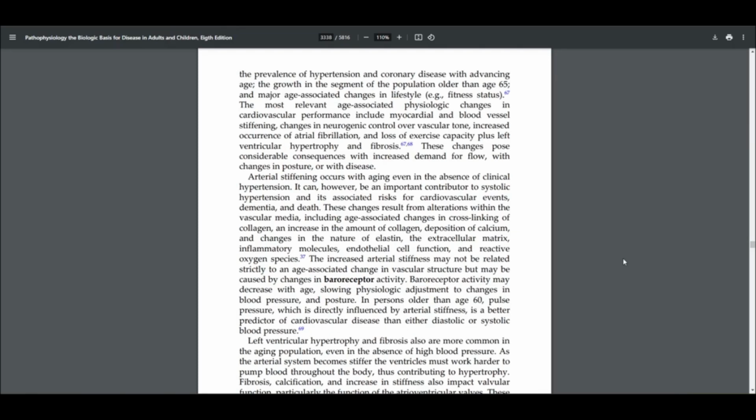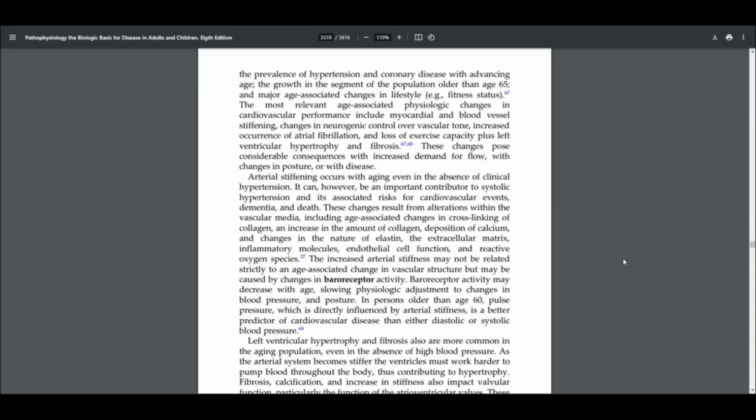The most relevant age-associated physiologic changes in cardiovascular performance include myocardial and blood vessel stiffening, changes in neurogenic control over vascular tone, increased occurrence of atrial fibrillation, and loss of exercise capacity, plus left ventricular hypertrophy and fibrosis.